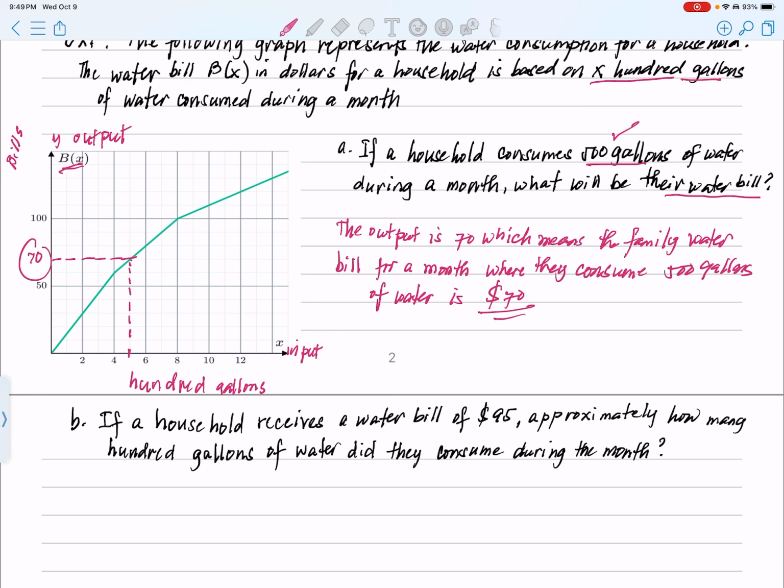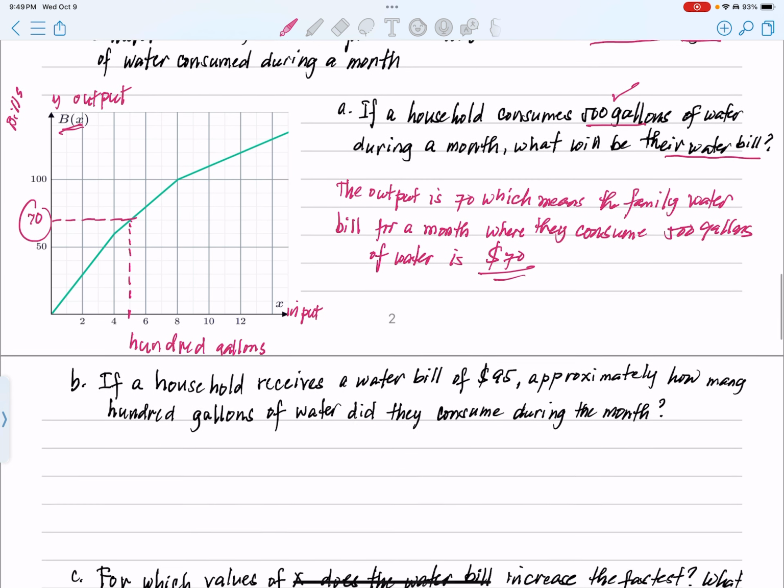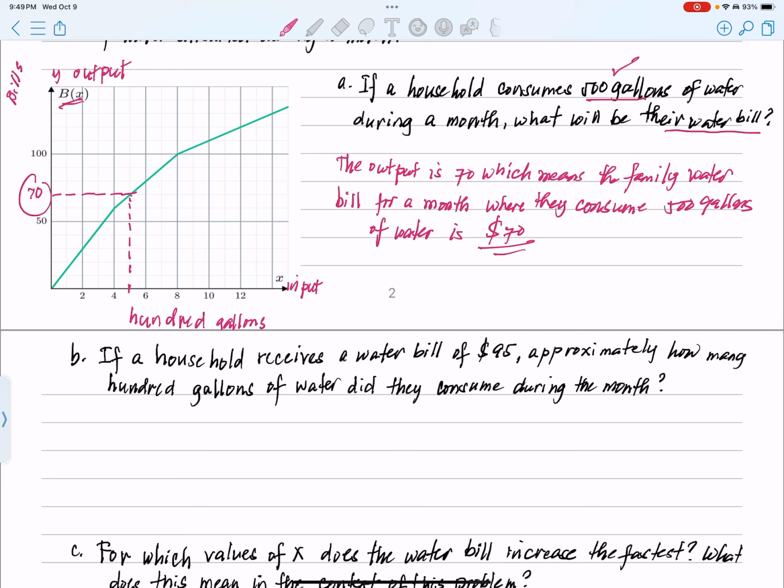All right. If the household receives a water bill of $95 approximately, how many hundreds of gallons of water did they consume during the month?